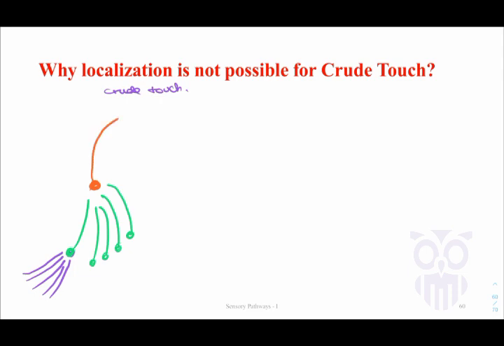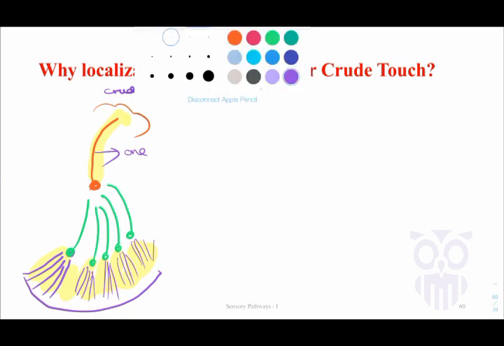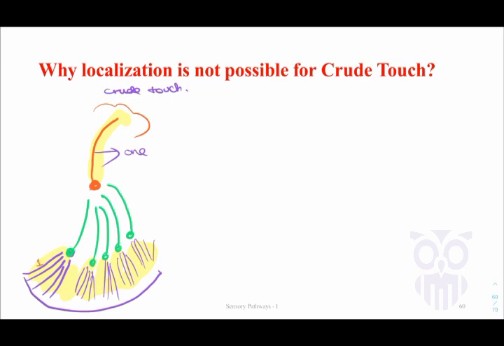This one sensory nucleus in the thalamus goes to the brain. So these many nerve fibers have a single representation in the brain, only one representation. If this is activated, the brain will decipher it as a problem in any of these nerves. It is not able to localize whether it is due to nerve number 1 or nerve number 15. They are all together, so we will not be able to localize.